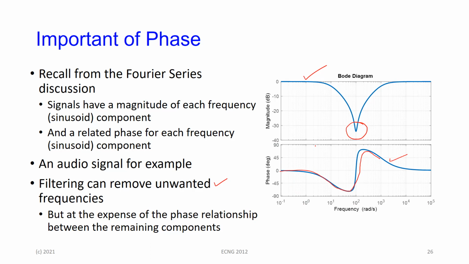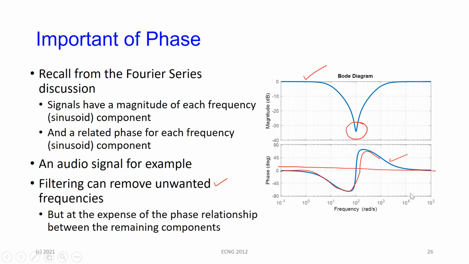Originally, if you were to just pass the signal through whatever processing it had, there would be no phase change. The phase would be nice and linear all the way through. You pass it to get rid of one frequency, but because of doing that, you have twisted up the phase relationship between them.